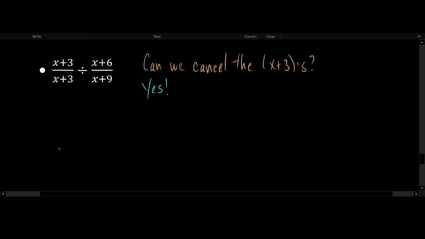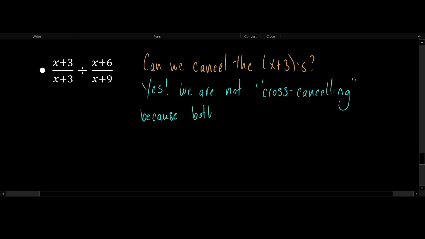Even though this is a division problem, that's okay, because we're not trying to cross-cancel the x plus 3's. Both x plus 3's are within the same fraction. We are not cross-canceling because both x plus 3's are in the same fraction.